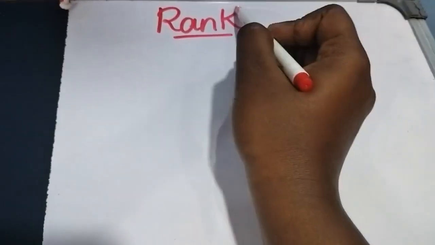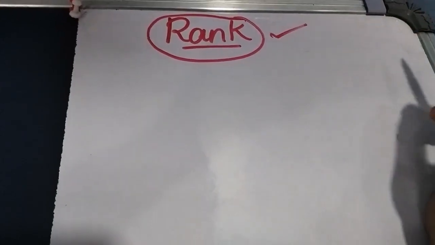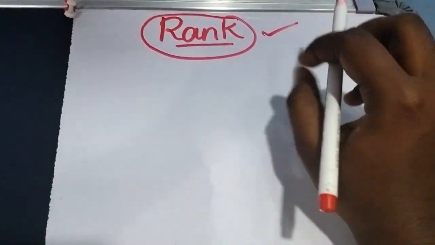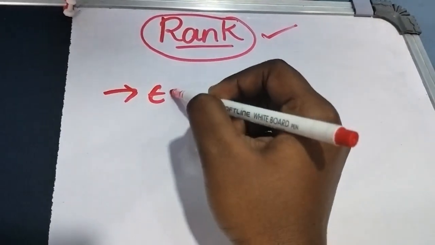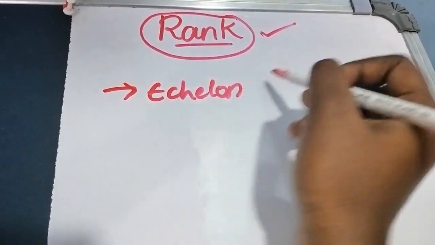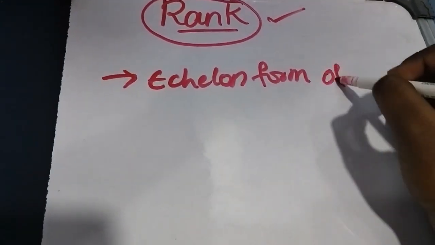Now let's learn about the main topic of matrices, the rank of a matrix. There are many methods to find the rank of a matrix. Let's discuss today one of the methods of finding the rank of the matrix, which is known as echelon form of a matrix.